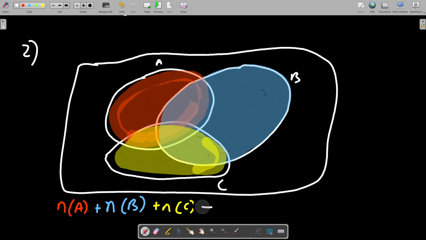So can you see here the region between red and blue is common, right? So I'll have to subtract those here as A intersection B. Clear? Next, we have counted the number of elements in red and yellow also twice.